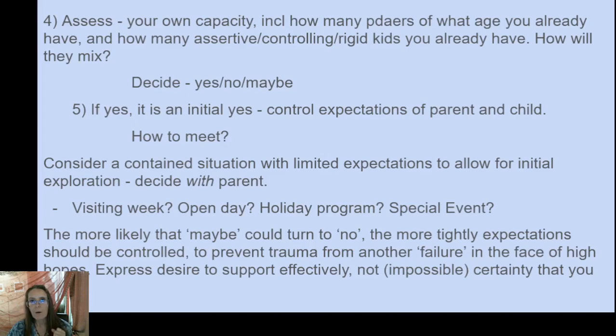If you are not managing that expectation to some degree, and you know that it's not likely to work out from what explorations you've done, then you're really setting them up for another sort of hurt, which they really don't need in their lives, right? So it's important to express the desire to support effectively, but not the impossible certainty that you can.